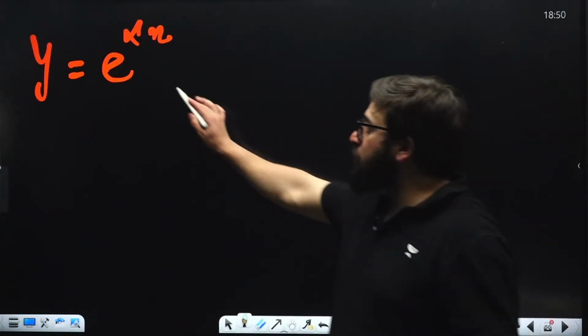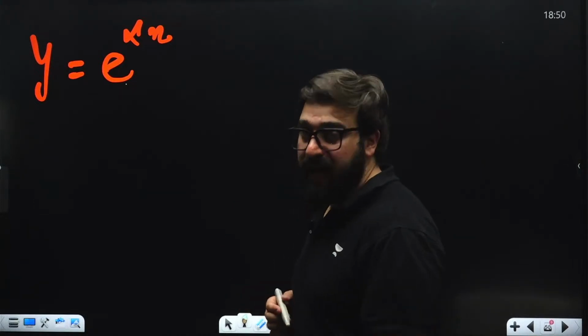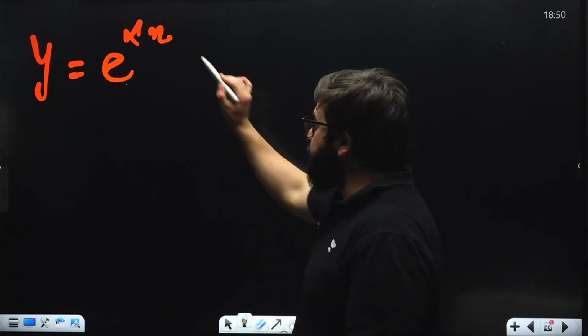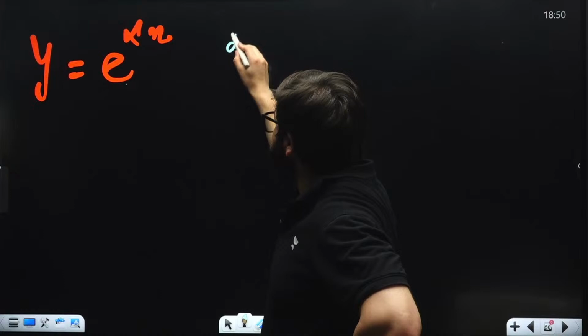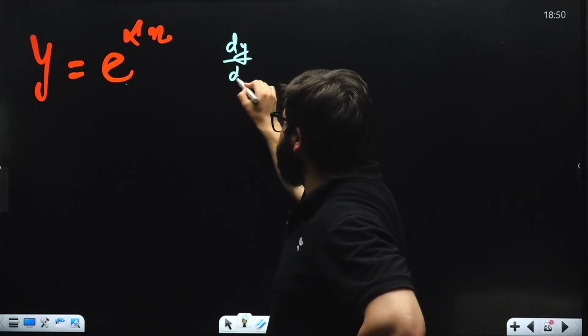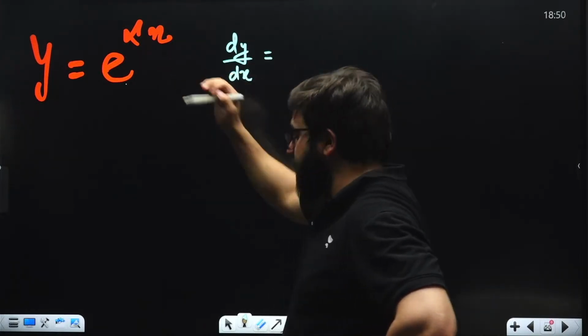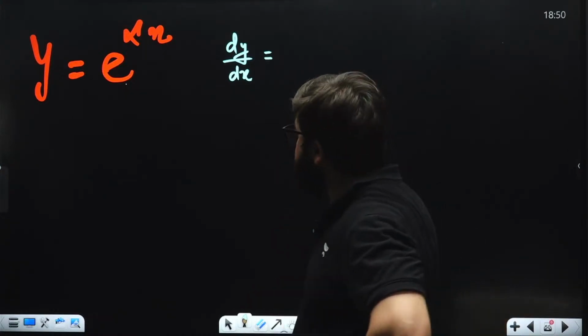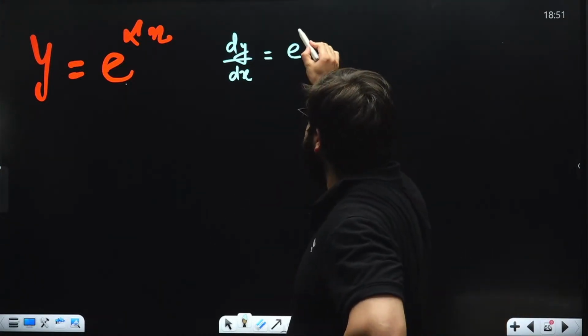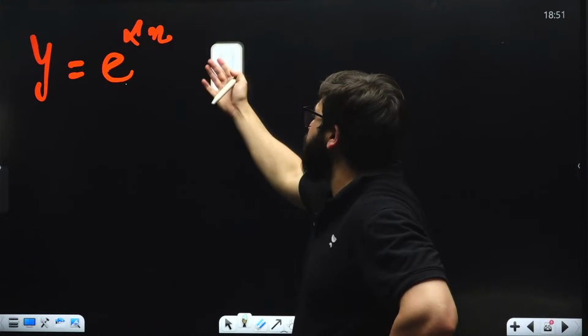Let's suppose we have e raised to the power alpha x, where alpha is a constant. Now guys, see, for dy divided by dx we first have to use the chain rule.